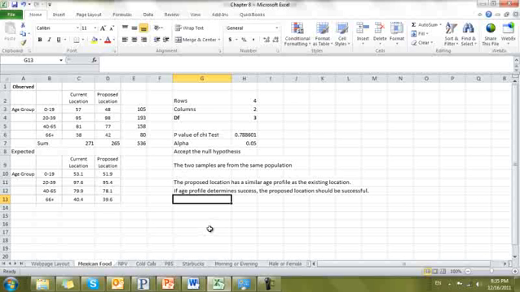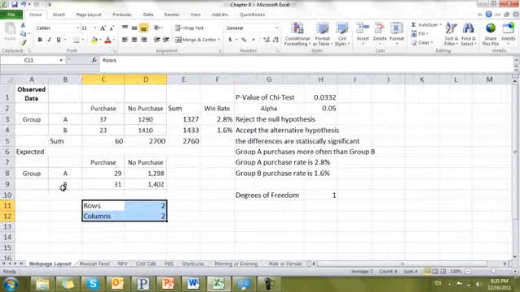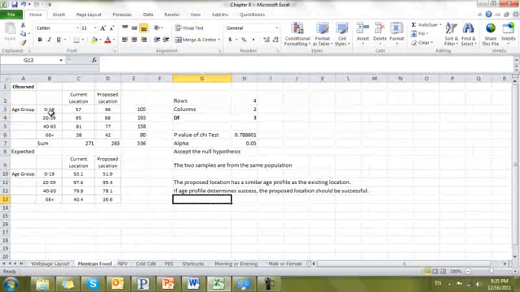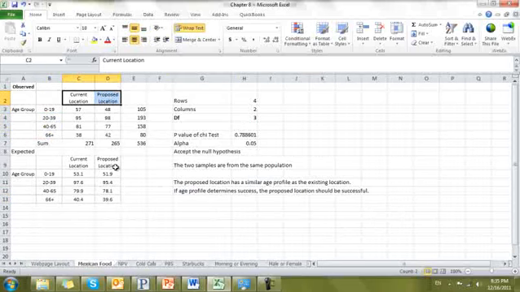Well, that's an example of chi-square, both back here with just two samples, A and B, or back here with 4 samples. But now we're just looking at 2 different locations. Or one would say that there's 2 samples here, but 4 different categories of answers.